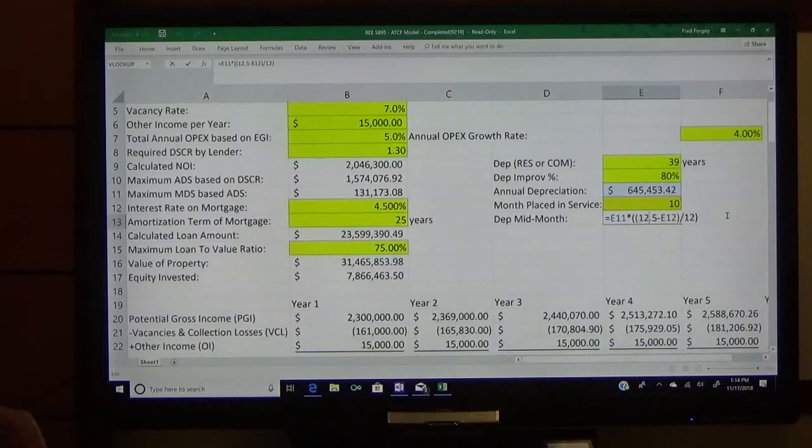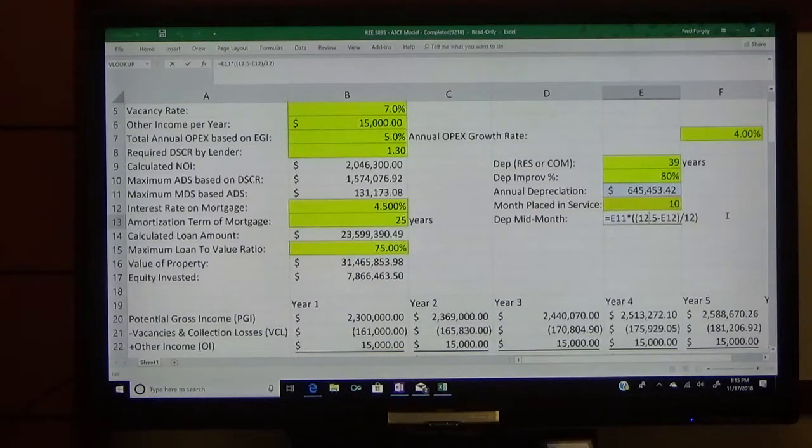By way of explanation, if it were placed into service in the 12th month, you subtract 12, meaning you're only going to get half a month's worth of depreciation. The purpose of that is just to find out how many months of depreciation we get. Okay, make sense?